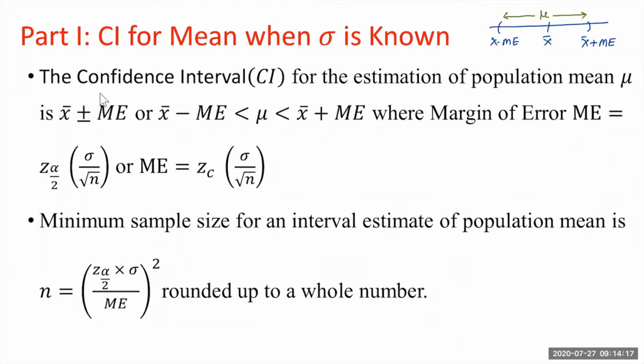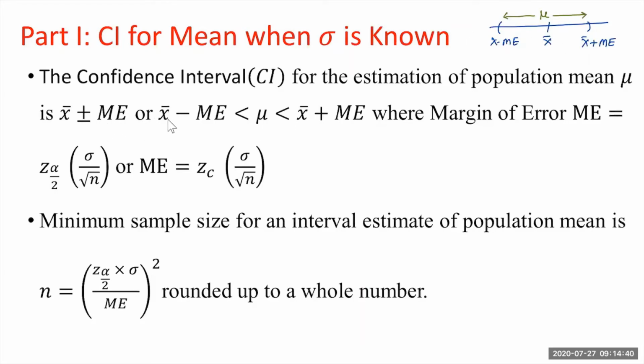So you can see the confidence interval for the estimation of the population mean. We want to estimate the population mean. How much is the mean? It lies from here up to here. So it will be the point estimate, that is the sample mean, plus or minus the margin of error. Sample mean is here, so we add or subtract the margin of error.